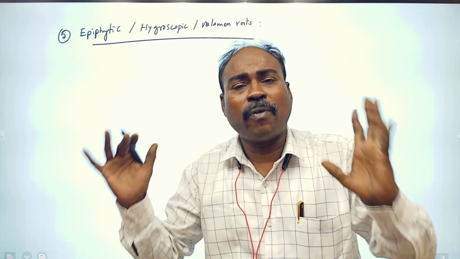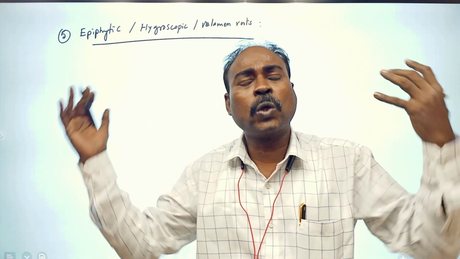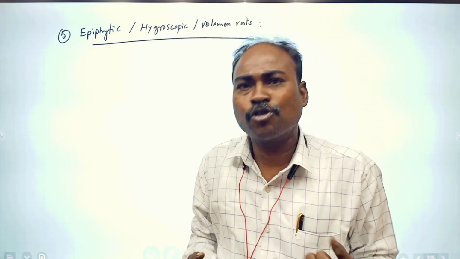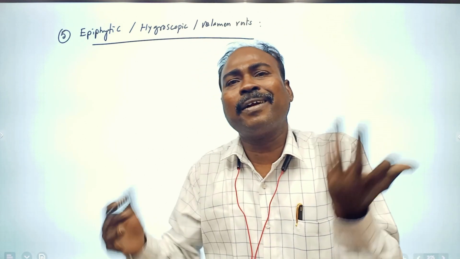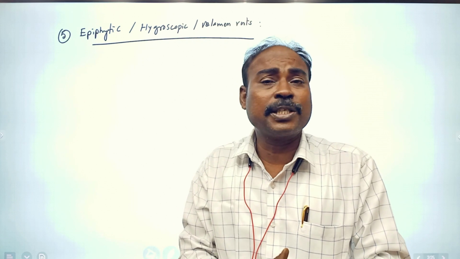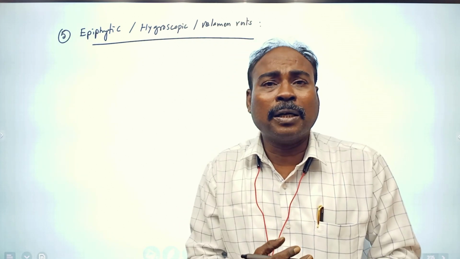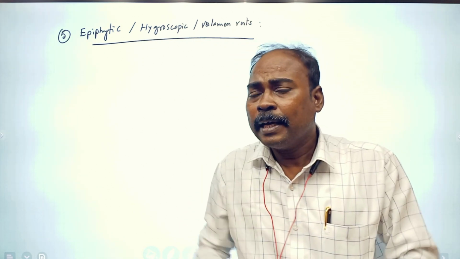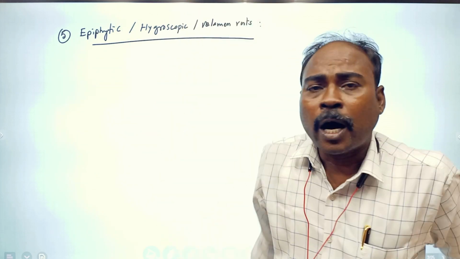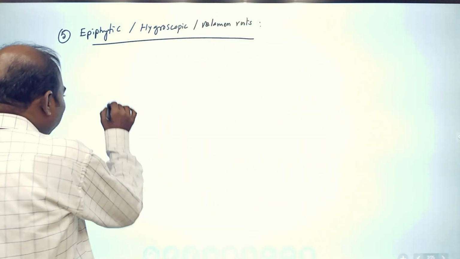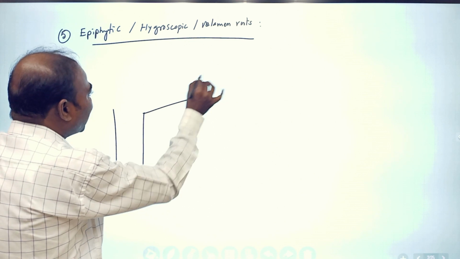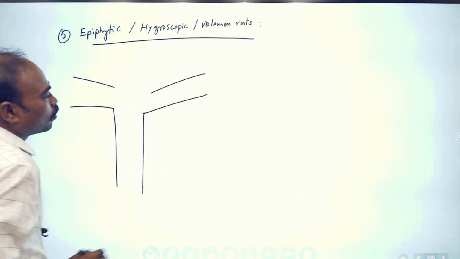In such forests, the small plants cannot receive sufficient sunlight while they grow on soil. So they take shelter on higher plants, on the branches of higher plants.